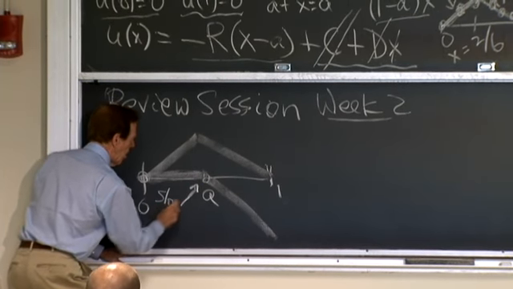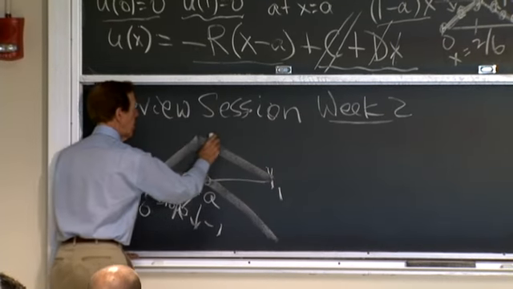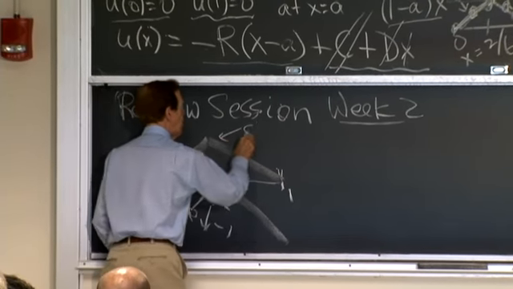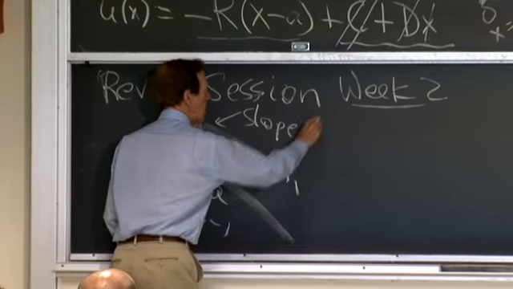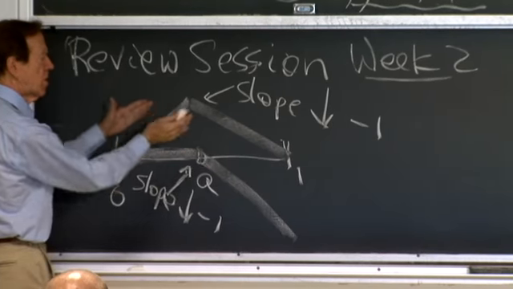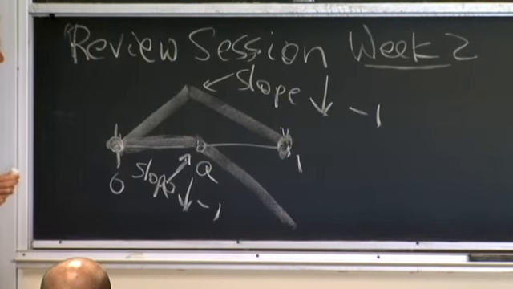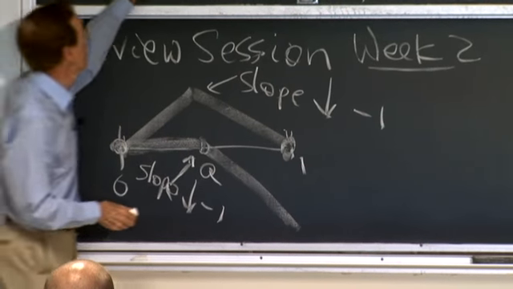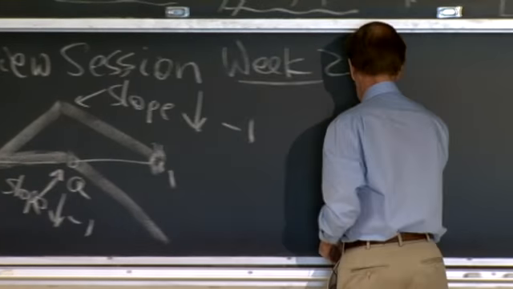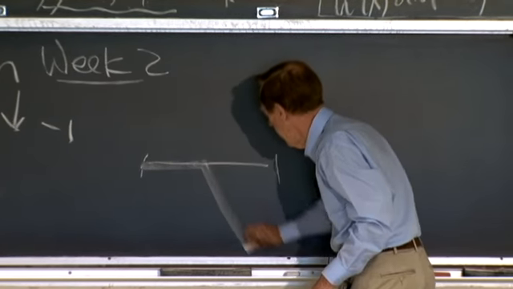The slope went down by -1, and that's not going to change here. The slope will still go down by -1. But now I've just adjusted it so that it satisfies the boundary conditions. And in the second problem with the free end, again, here's my ramp.